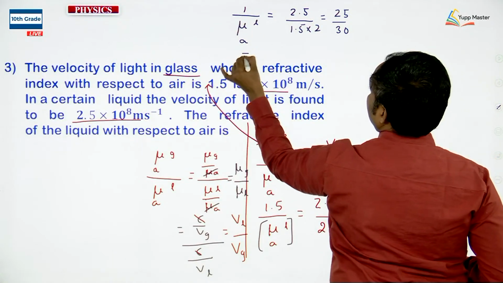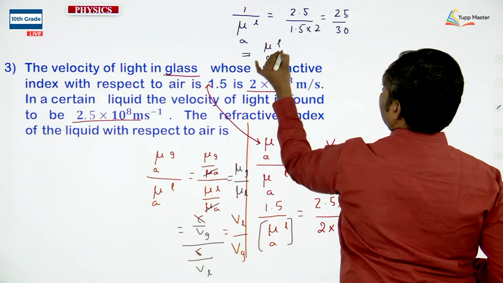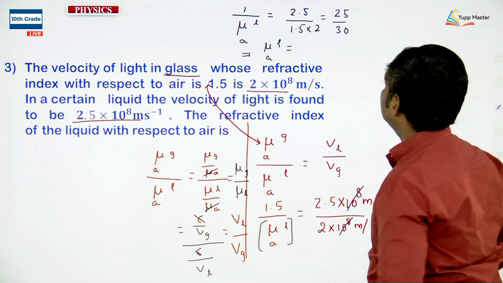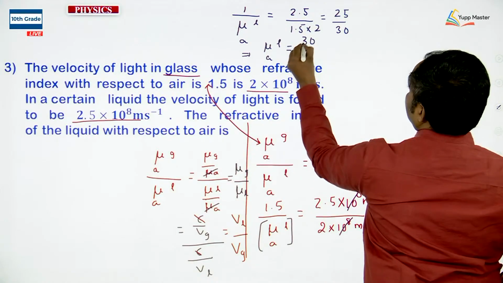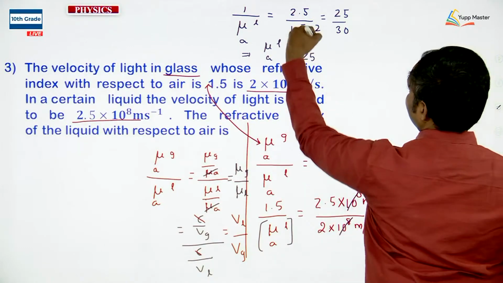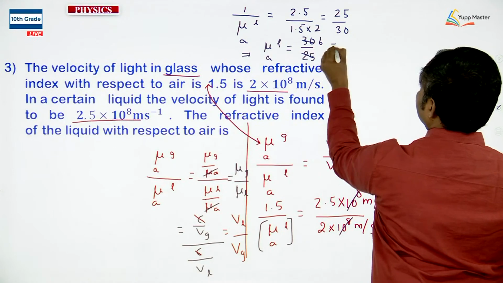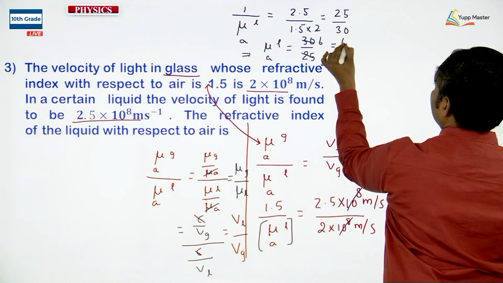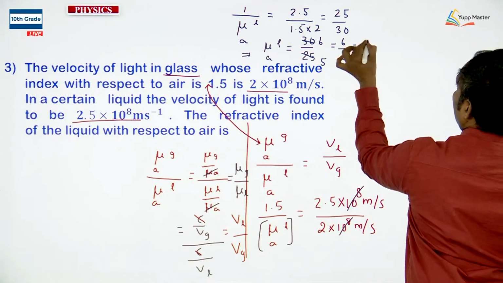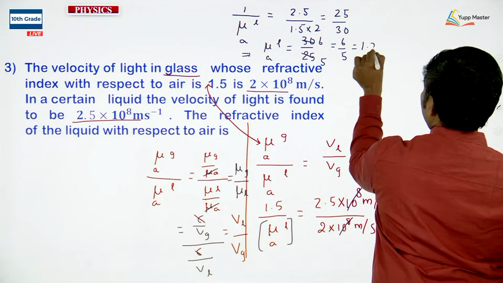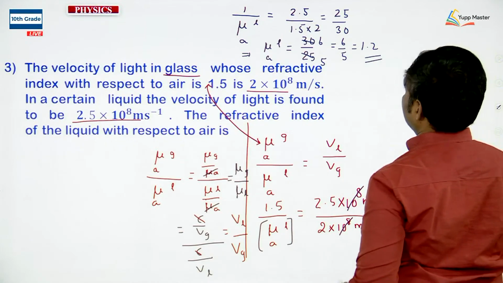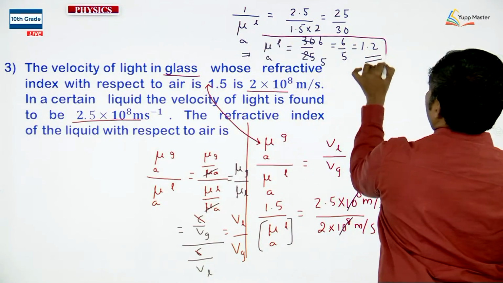So that implies mu L A, please have a look, the calculation is given very detailedly, is equal to 30 by 25. Now we can take that cancellation, 5 5s are 5 and 5 6s are 30, that is 6 by 5. Now you can take that 1.2. Yes, what we have obtained is the final result. This is the final calculation.